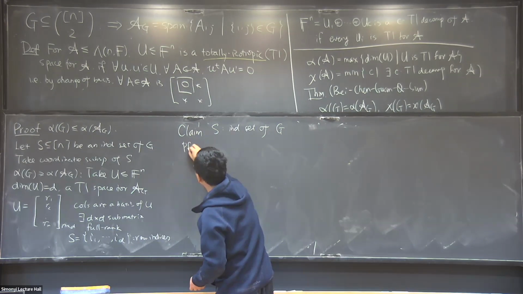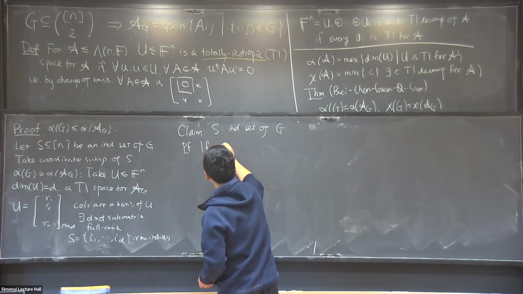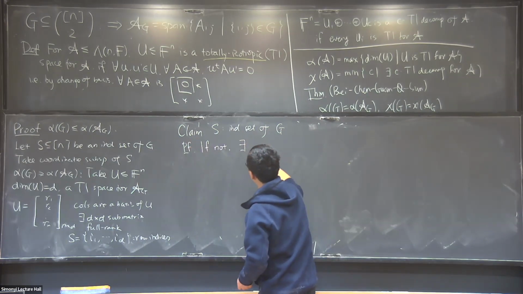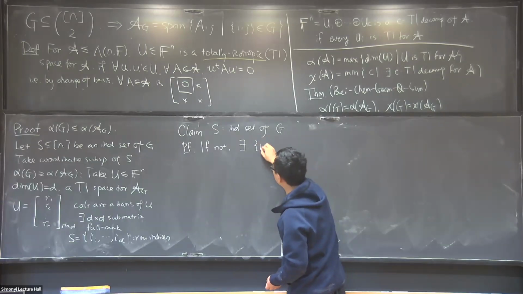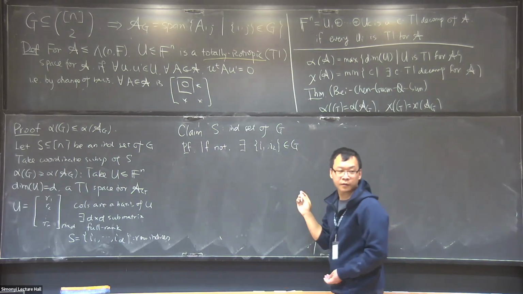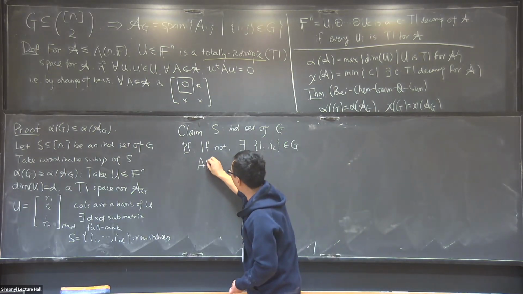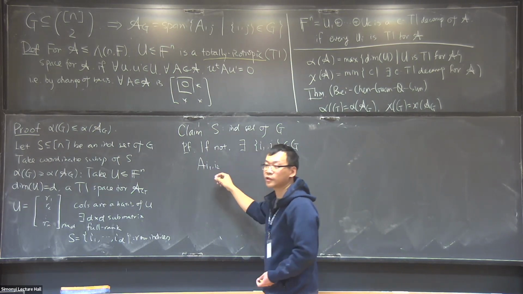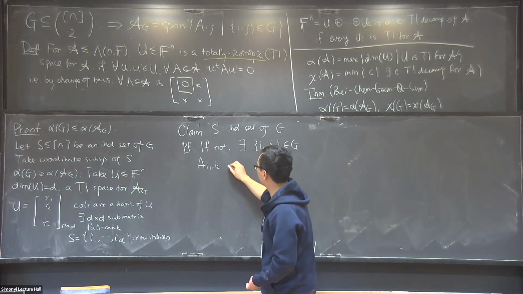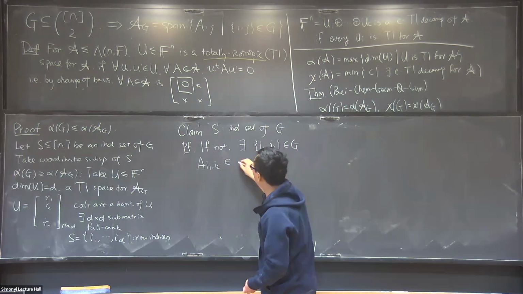The proof is that if not, then there exists, without loss of generality, i1, i2 in G, right? If i1, i2 is in G, we know that this elementary skew symmetric matrix A_{i1,i2} is in AG.